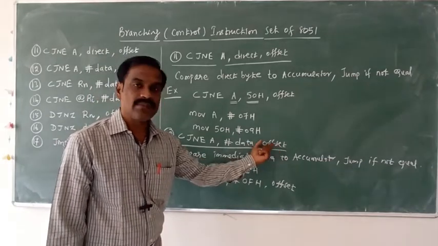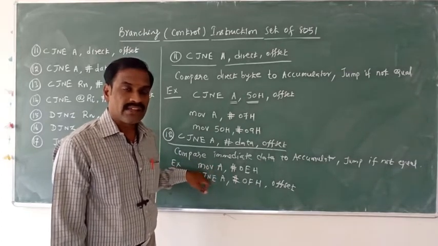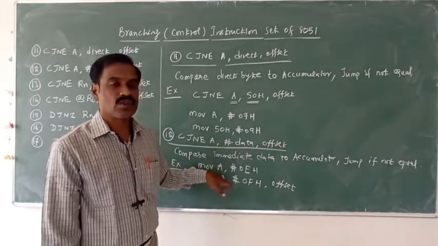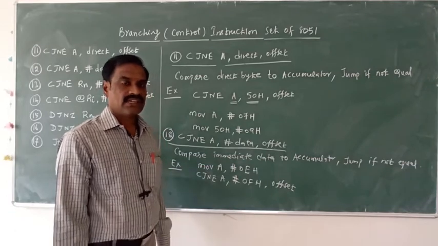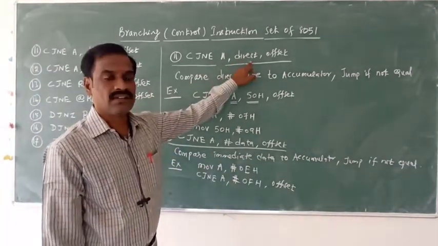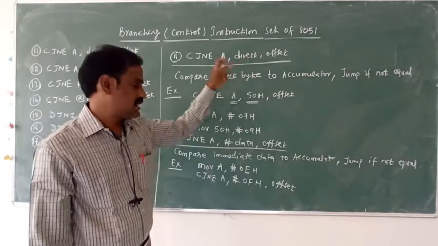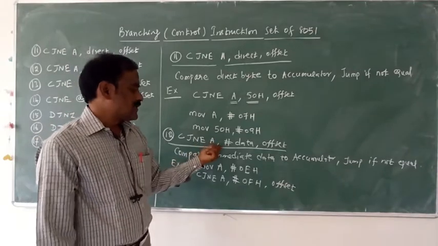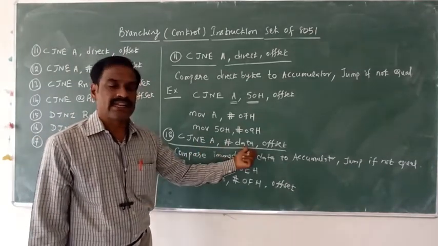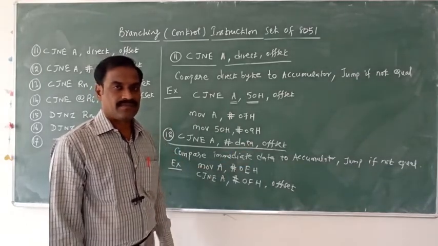Now this memory address will be moved to the program counter, and the program counter will execute this memory address location data. This is the concept of comparing the two data. In one, the first data is in the accumulator and the second data is from a direct memory address location. And in the other, the first data is in the accumulator and the second data is the immediately given 8-bit data.